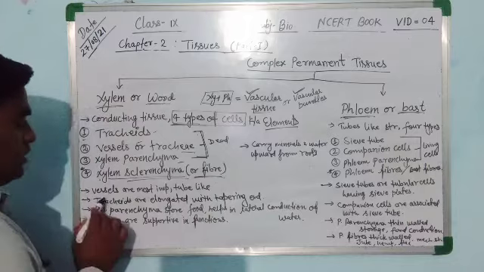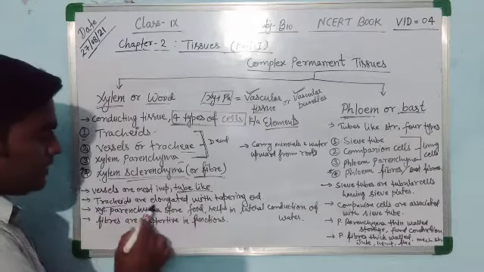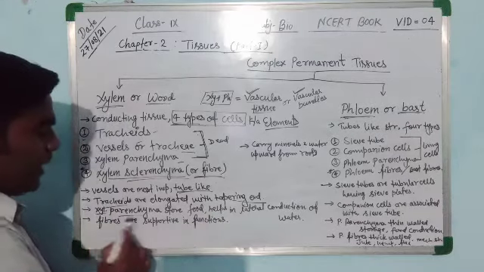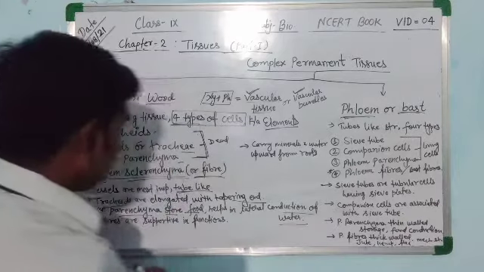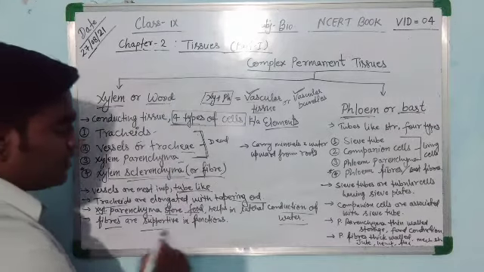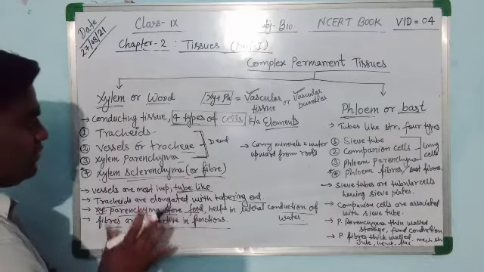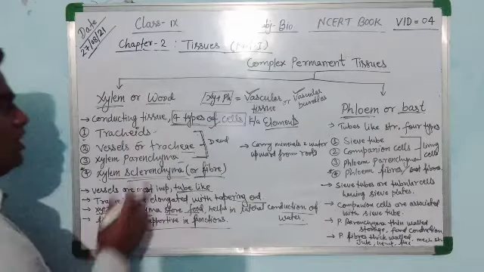See, the vessels are the most important, tube-like structures. Tracheids are elongated with tapering ends. Xylem parenchyma stores food and helps in lateral conduction of water. And fibers are supportive in function. So these are the special functions of the four types of xylem cells.